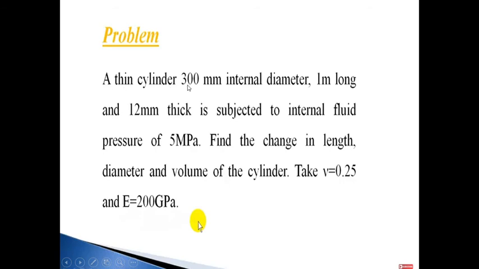A thin cylinder of 300 mm internal diameter, 1 meter long, and 12 mm thickness is subjected to internal fluid pressure of 5 megapascal. Find the change in length, diameter and volume of the cylinder. Take V equal to 0.25 and Young's modulus 200 gigapascal.